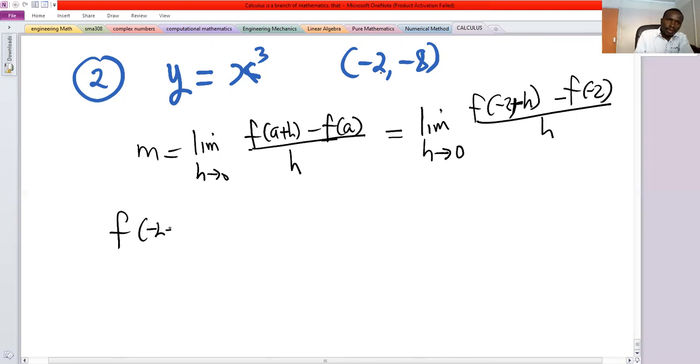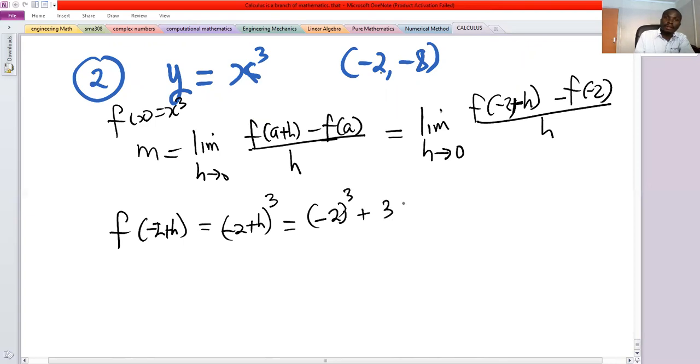Now f of -2 plus h, so simply means here f of x is x power 3, so it'll be (-2 plus h) power 3, which is (-2) power 3 plus 3(-2) squared h plus 3(-2) power 1 h squared, and then plus h power 3.